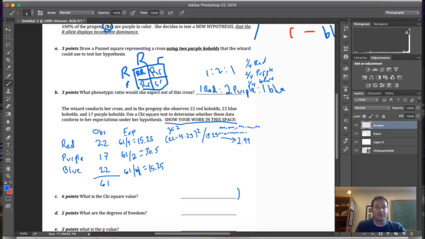This entry in the chi-square would be observed 17 minus expected 30.5 squared divided by 30.5. That's going to end up being, I can't remember what it is, and it doesn't matter. 17 minus 30.5 is negative 13.5.